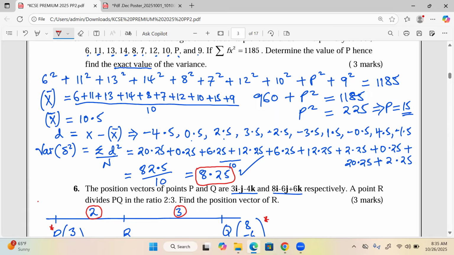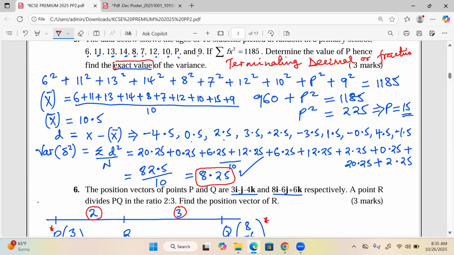So when we say exact value, it means either a terminating decimal, a fraction, or a whole number.